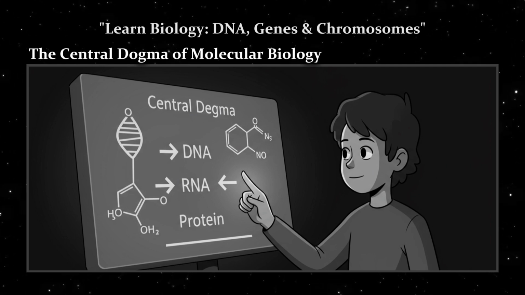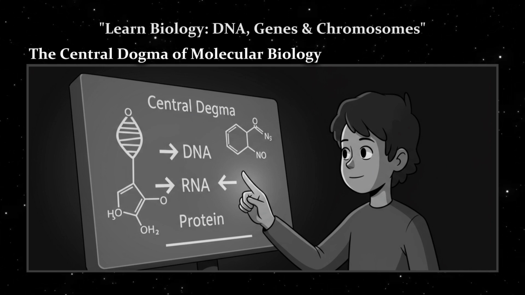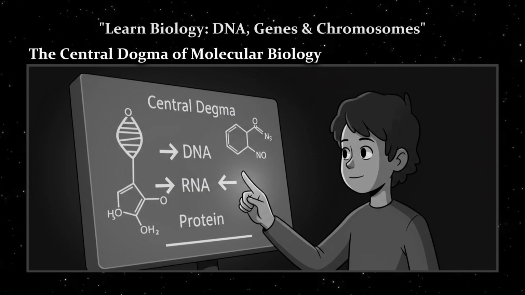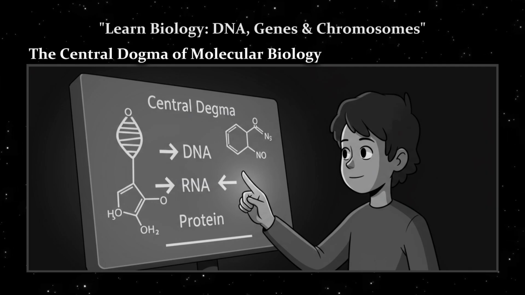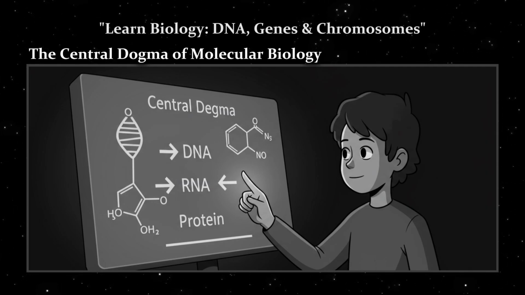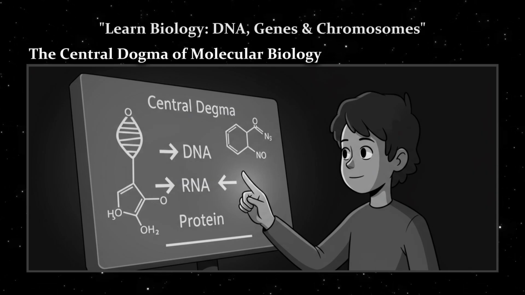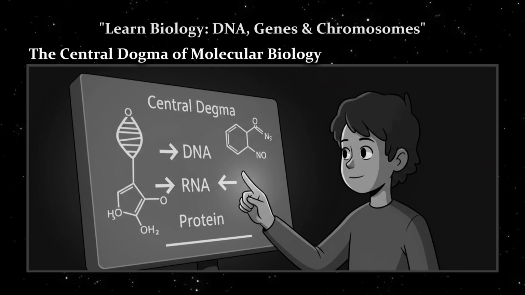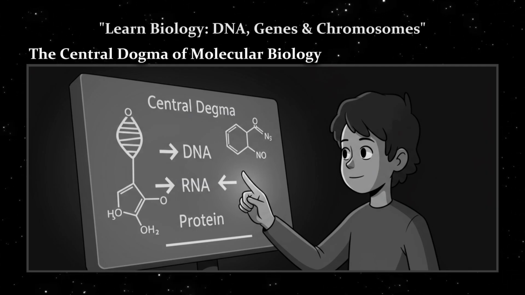It is a set of thousands of rare, massive volumes, your chromosomes, and each volume contains thousands of individual recipes, your genes. The library has one unbreakable rule. The master reference books may never, under any circumstances, leave the protected vault. They are too valuable to be risked in the outside world.